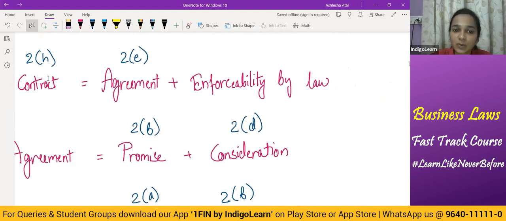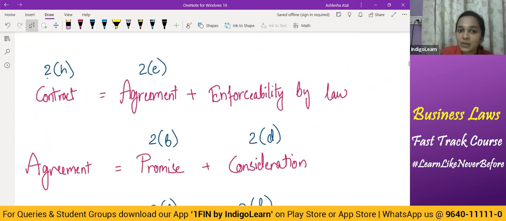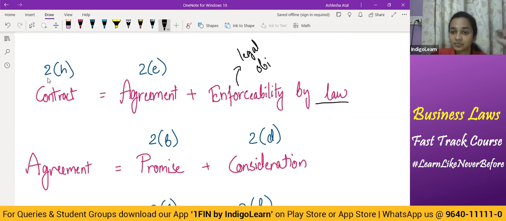The first equation is: contract is equal to agreement plus enforceability by law, which means for a contract to come into existence, there has to be an agreement, but not only an agreement, there also has to be legal enforceability. Now, what does legal enforceability mean? Legal enforceability basically means something which creates a legal obligation on the parties who are involved.